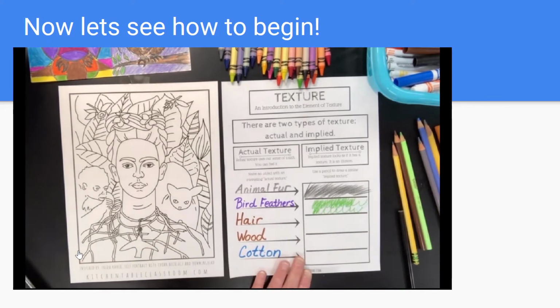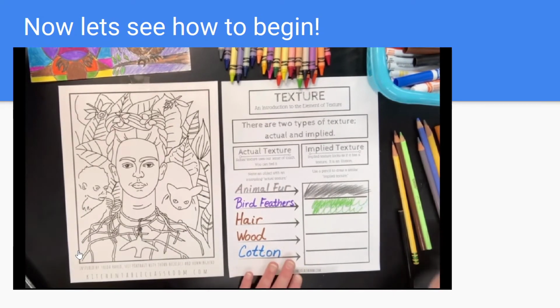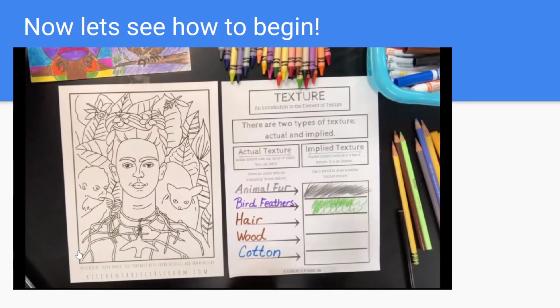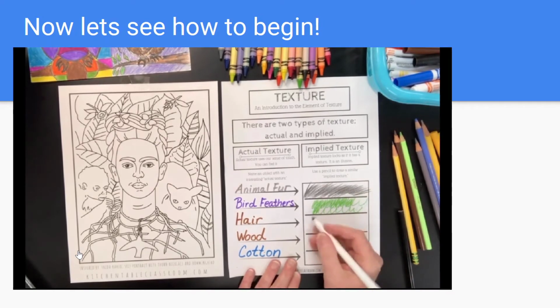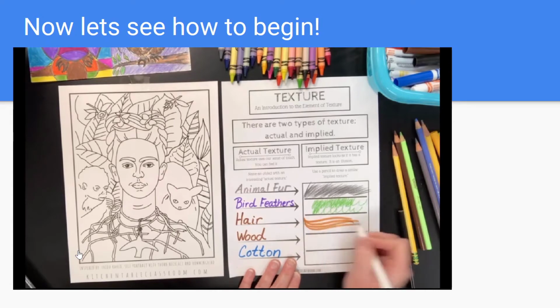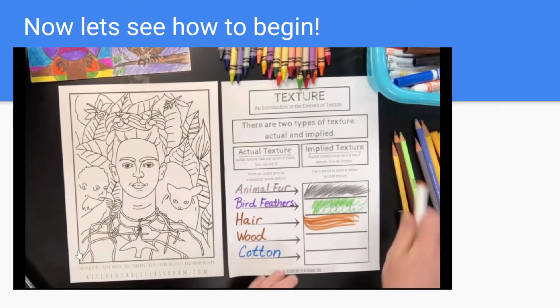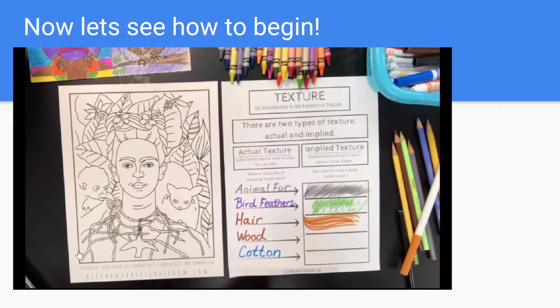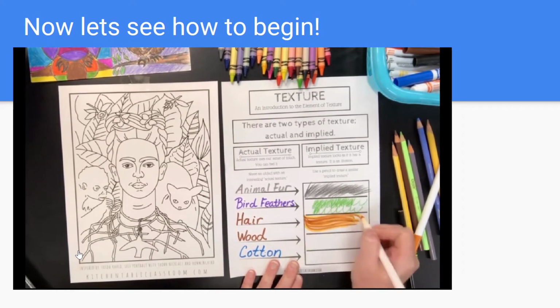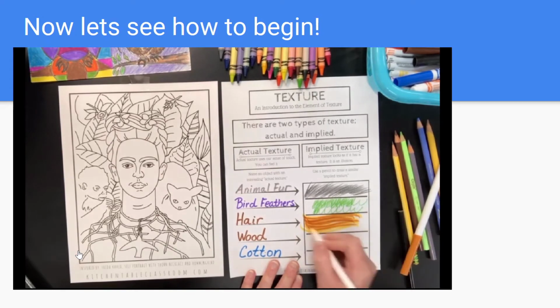And then hair. Hair is very similar to animal fur, and you can do hair with any of the drawing utensils. I like to do hair with markers, and sometimes when I do hair, I add different colors together because it adds to the texture, gives it a nice textural look, so it looks more natural.